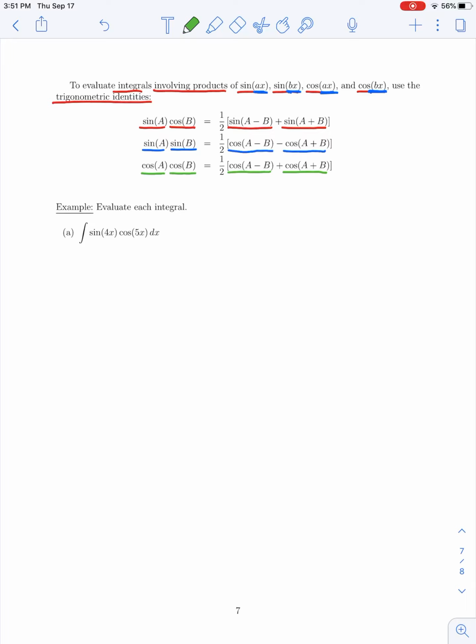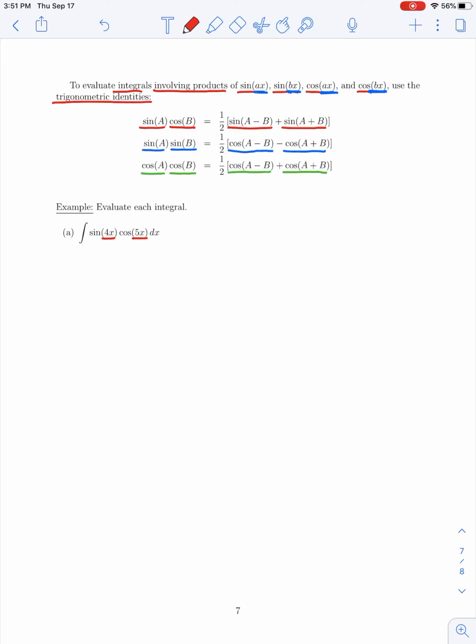All right. So let's consider some examples illustrating each of these approaches. In our next example, we're asked to evaluate each integral. In part A, we're looking at the product of sine of 4x and cosine of 5x.